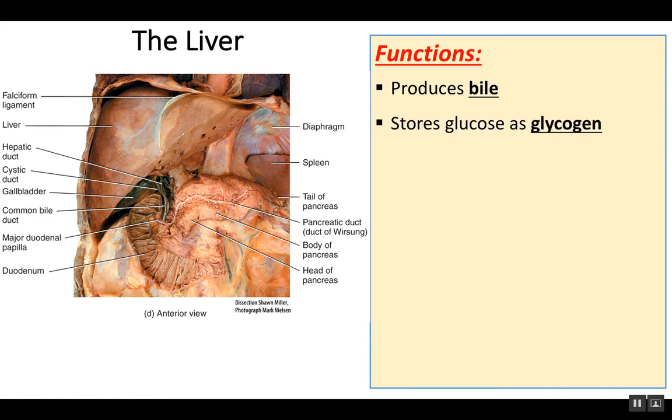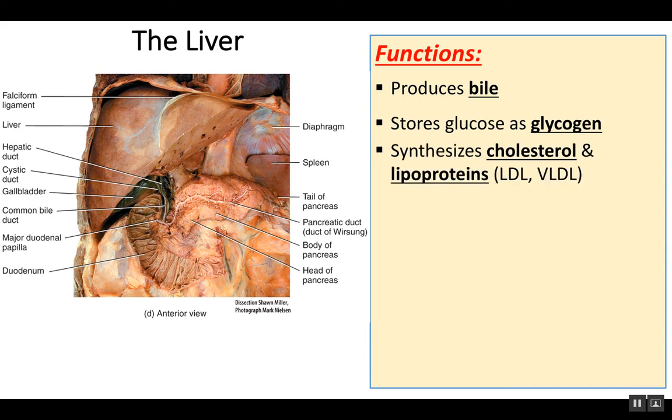But your liver can store glucose in the form of glycogen. So when we eventually get to the point where we absorb glucose from our carbohydrates, it's going to go to the liver by the hepatic portal vein. The excessive amounts of that glucose is going to be stored as glycogen.